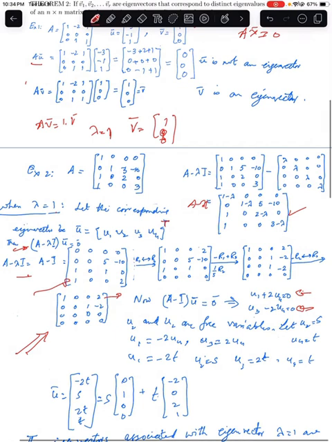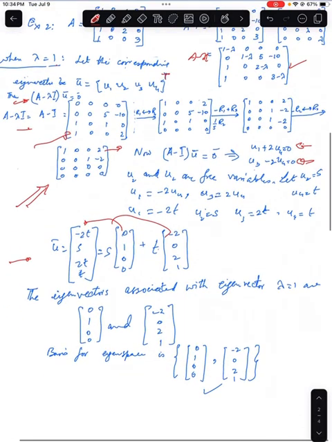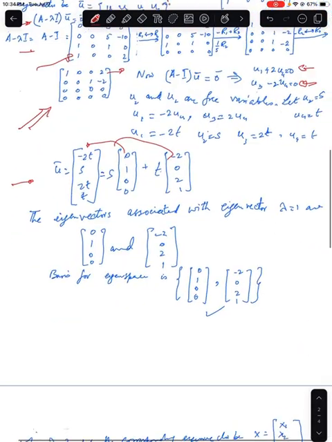So I put all of them in place here, and then I separate the vectors and pull out the s and the t. I hope you know how to get from here to here. If not, then please ask a question in class.